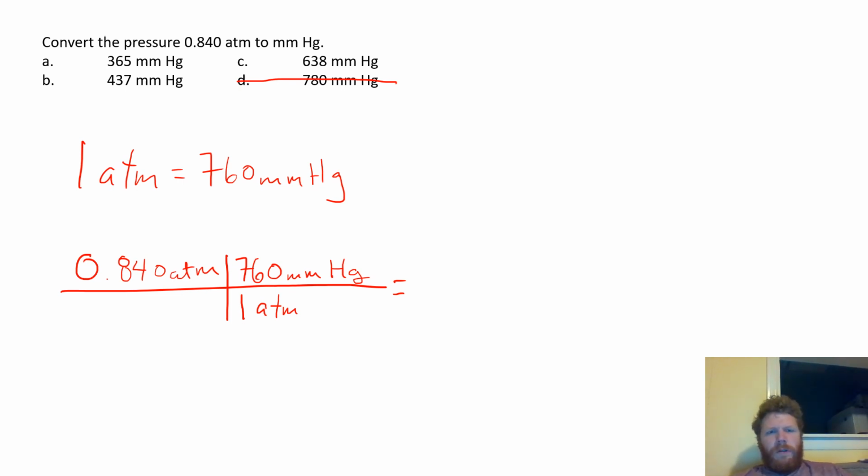And likewise 365 is significantly lower than 760, so we are left with C as our only really viable answer for this question. So 0.840 times 760, that's what you're going to end up getting.